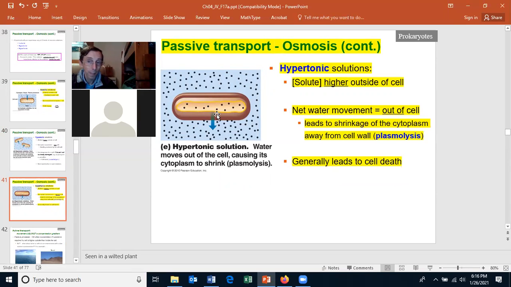The cell membrane will pull away from the cell wall, and then you might be able to see it, and that can cause plasmolysis, where the cell crenates, and that is the cell loses so much water that it can lead to death. And this is what happens when you have a bacteria cell falling in molasses.